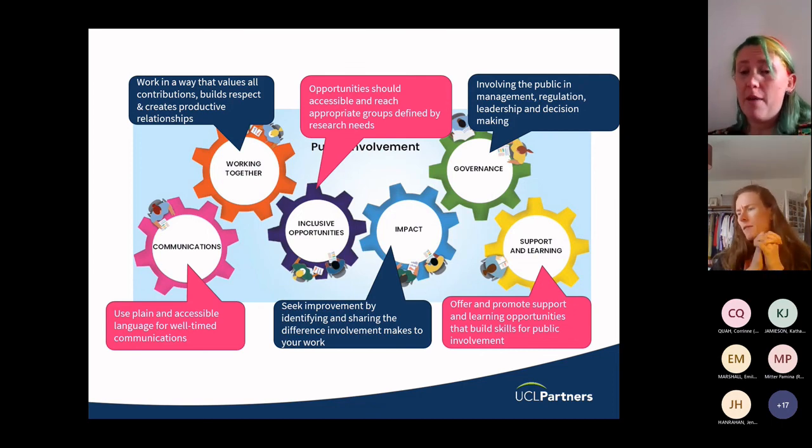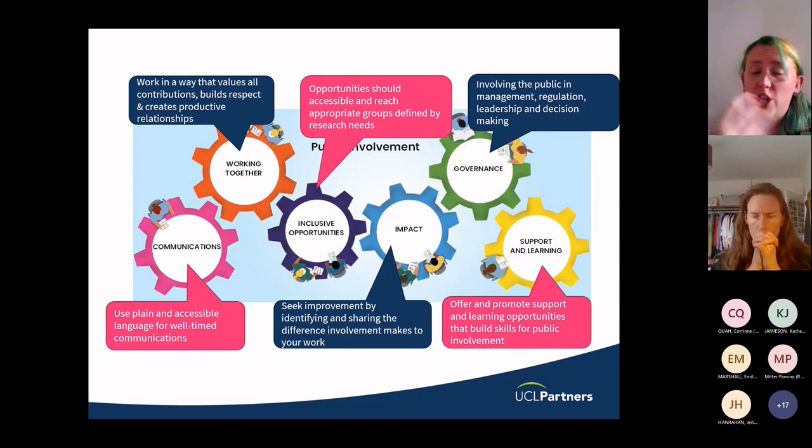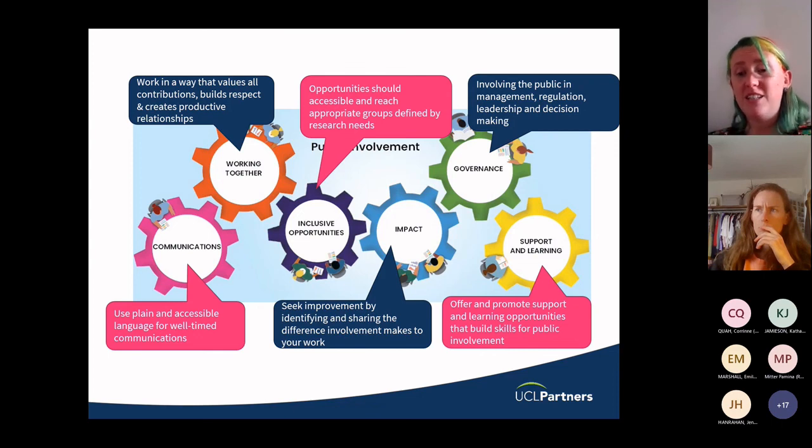Then this idea of impact, that you're seeking improvement and sharing the difference the involvement has made to the work. Making sure that if you've got opportunities to involve patients in decision making, in shaping, in governance, it's not just lower down, that they have the opportunity to actually influence at a higher level if possible. And making sure you support and encourage learning. As I said, that's the idea of giving back to people, that it's not all take, that patients are getting something from this, that they are learning, that they have opportunities to build skills during their involvement.